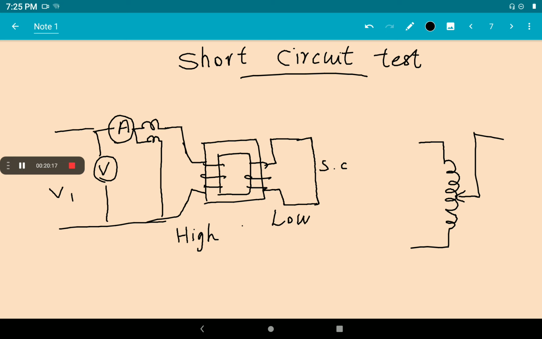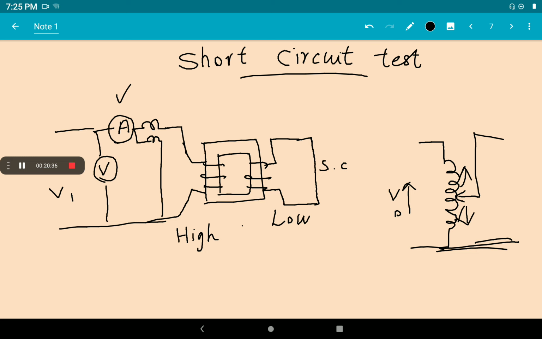Primary and secondary are the same. So by changing the number of turns of the secondary, we can change the output voltage of the auto transformer. When we apply a voltage from 0 and increase it to a particular value, we can find out the short circuit current.